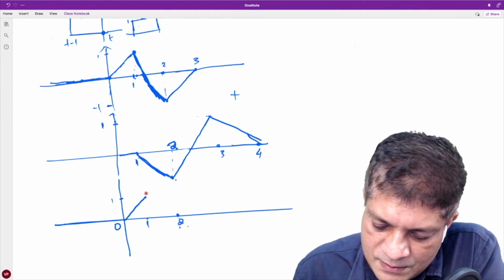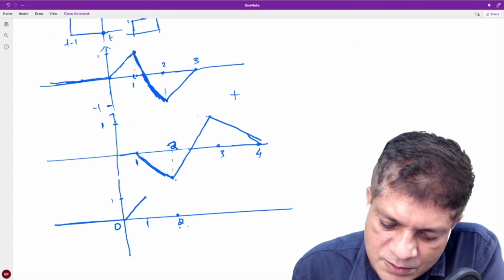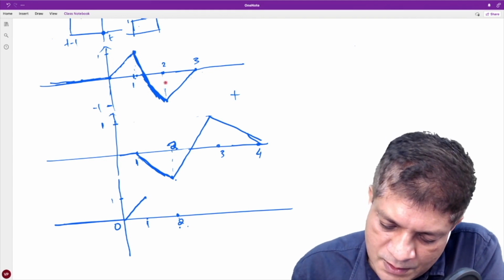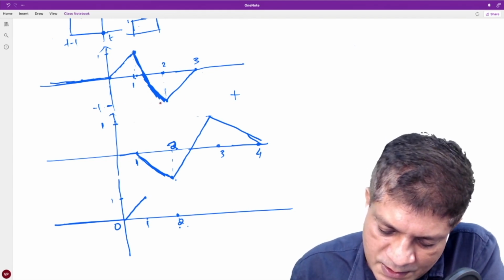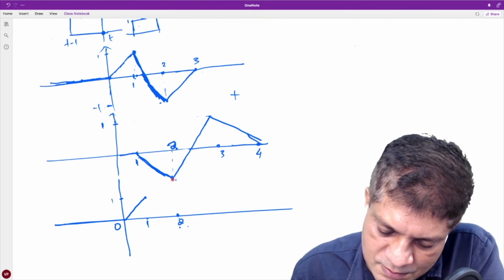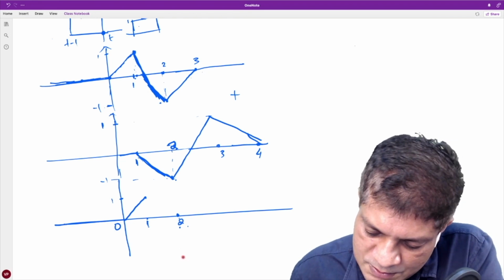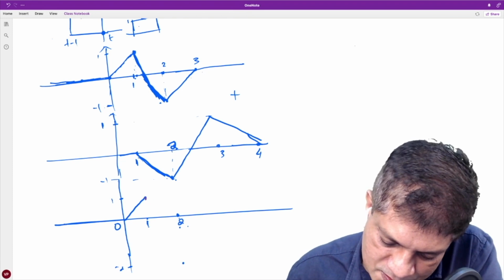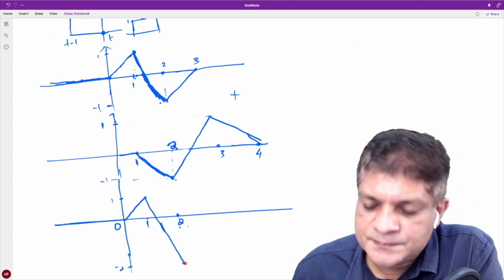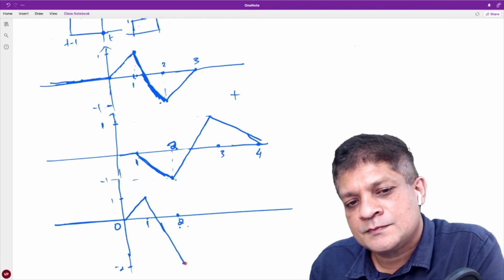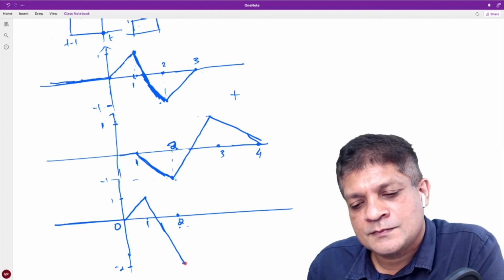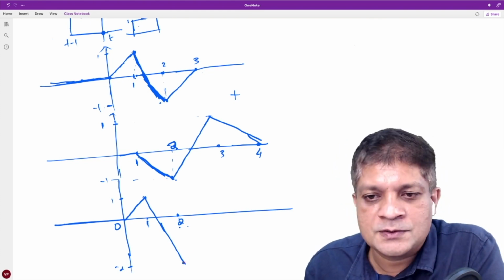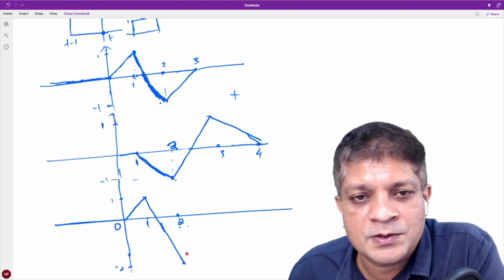So at 1, this is 0 plus 1, 1, and at 2, this is -1, and this is also -1. So is it -2? Is it like this?